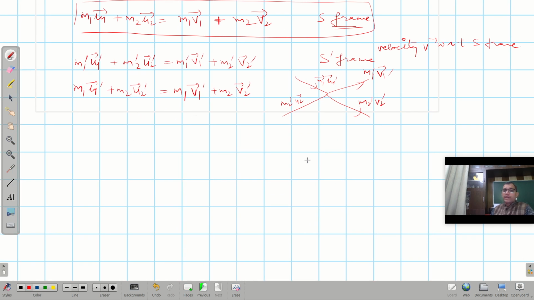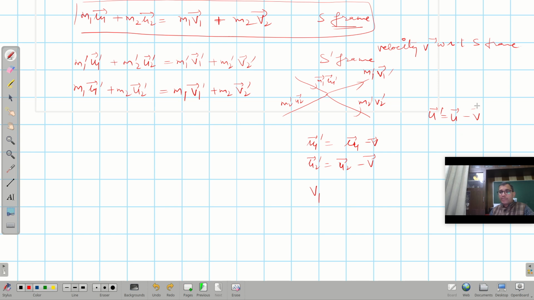So let us put in their values. As we know, u1 prime is equal to u1 minus v, and similarly u2 prime can be written as u2 minus v, because using that relation, as we discussed in the earlier lecture, u prime is equal to u minus v.